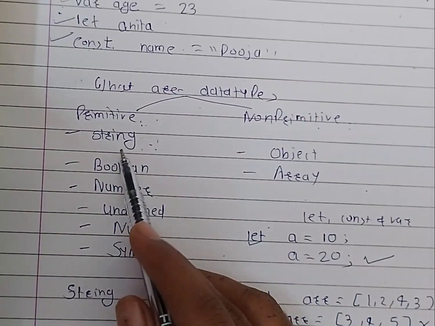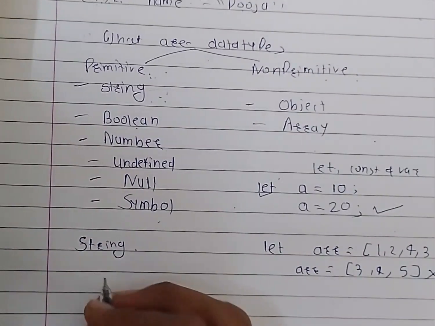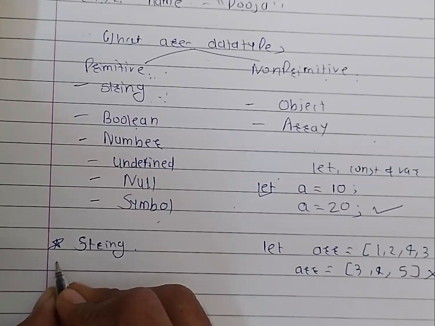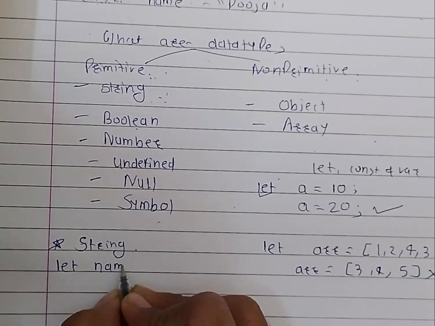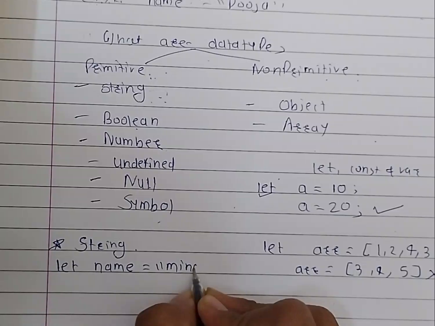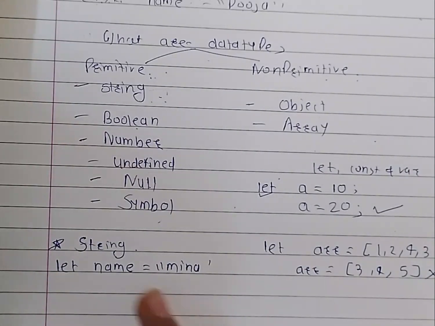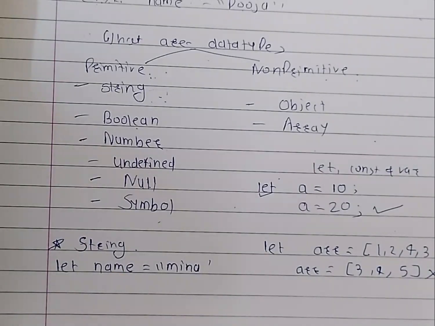So first of all, string. What does a string store? Like let name is equal to Mina. We declare a variable with the help of the keyword let, name is the variable, and we initialize the value Mina.